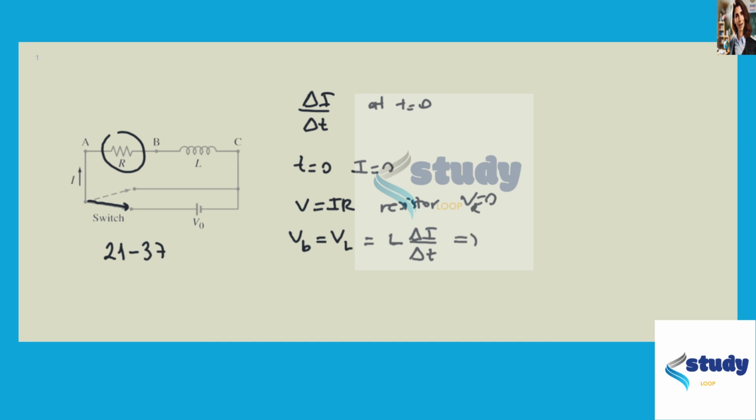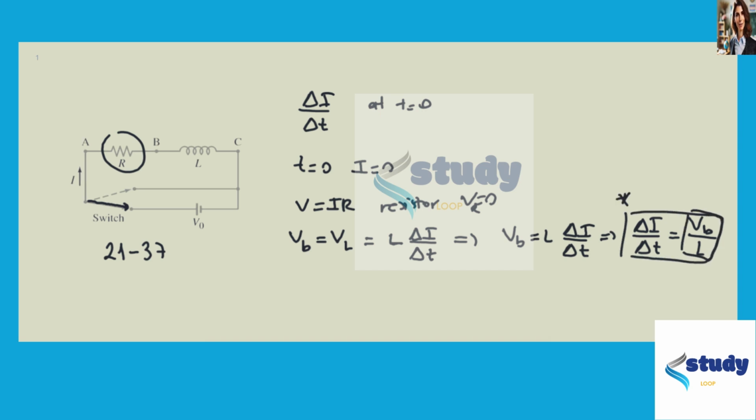Then we can rewrite this equation as VB equals L delta I over delta T. Let's get an expression for delta I over delta T, since that's what we are asked. Delta I over delta T is equal to the potential across the battery divided by the inductance. This is important, we're going to use it later on.